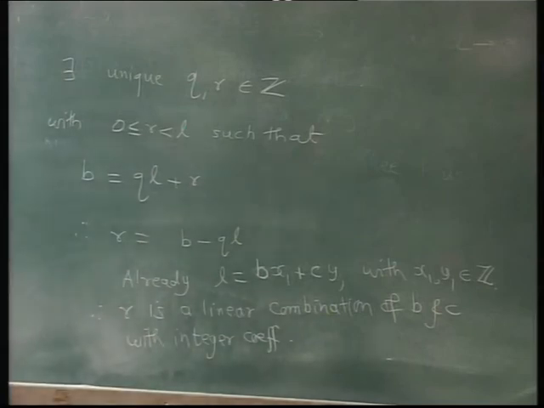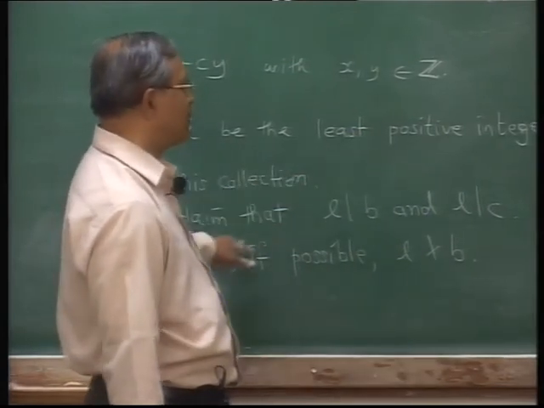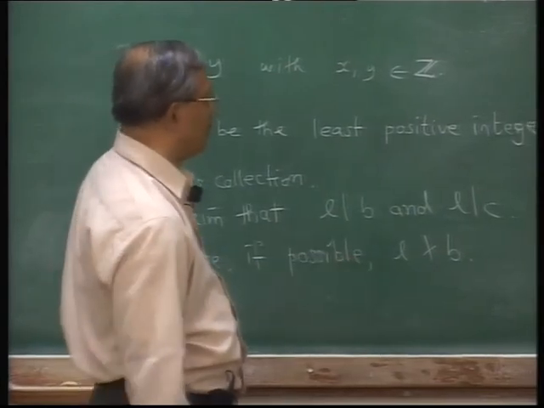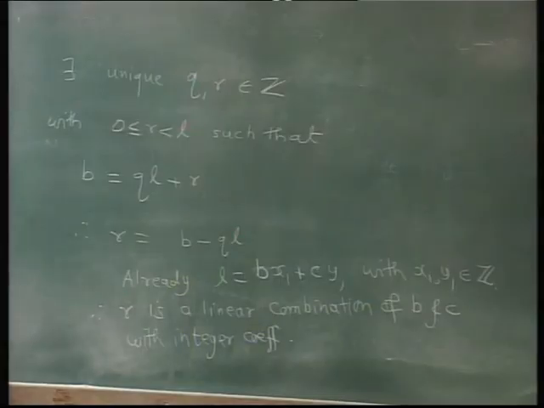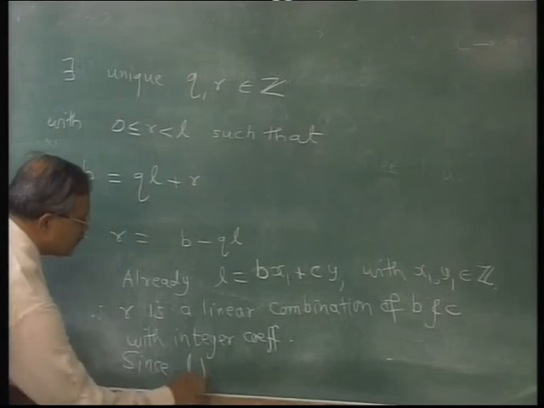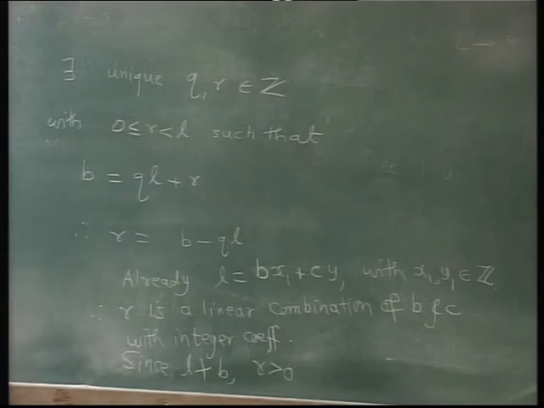Now you see that L was the least positive integer from this collection. And L doesn't divide B, that would mean that R is a positive quantity. Since L does not divide B, R is bigger than 0. Initially it can be 0, but L doesn't divide B, so R has to be positive.